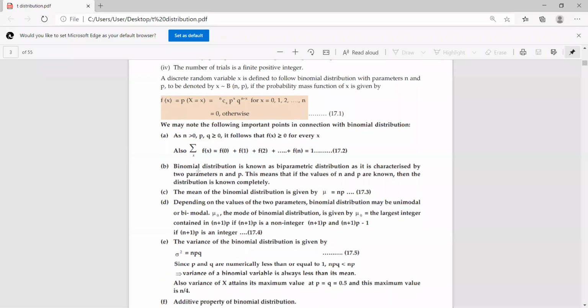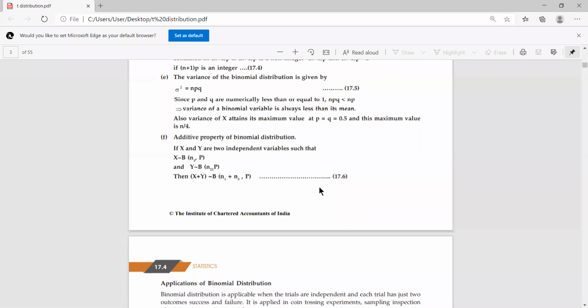Binomial distribution is a biparametric distribution. The mean of the binomial distribution, talk about mode, it's already done. We have done certain sums. Variance is always less than mean, or I can say mean is always greater than variance. The maximum value is n by 4. These things are already covered. Additive property is also covered, and an example related to additive property is done.